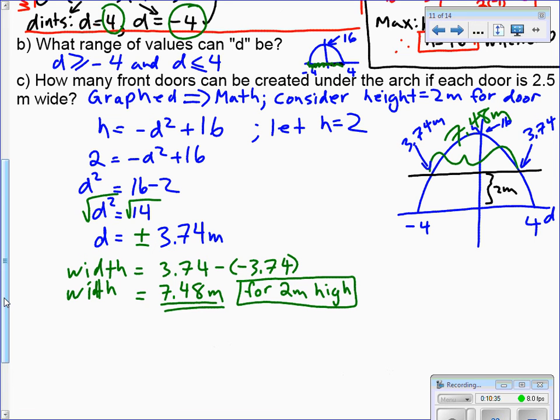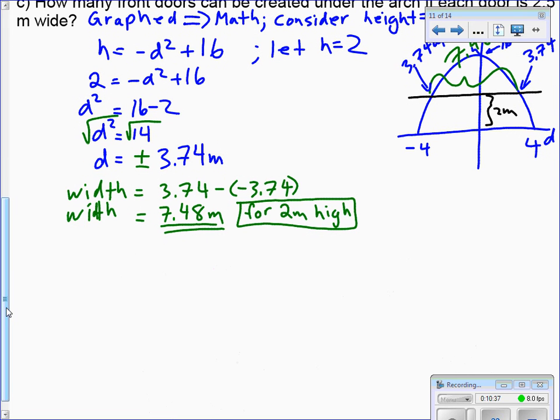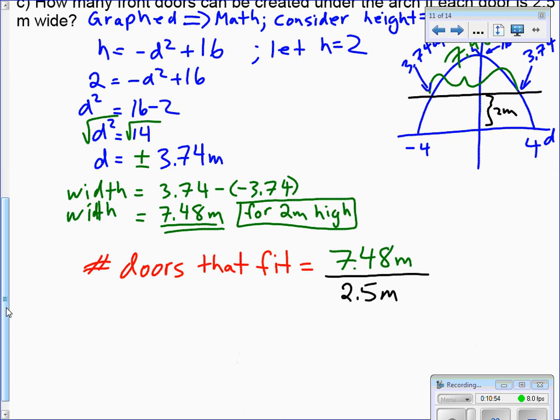Now, in order to figure out the number of doors, what you have to do is this. You take the distance that you have between those 2 points, and then you divide by the 2.5 meter width that we were given.